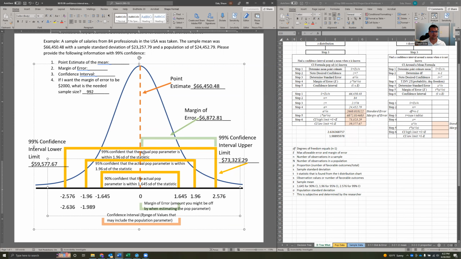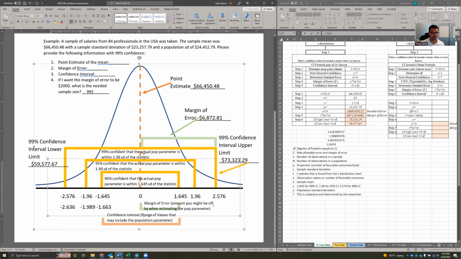Okay, and then last but not least, we are going to do a 90% confidence, so equals T.INV.2T, and we're going to do a probability of 0.1, and then the degrees of freedom is 83, and so negative 1.663.